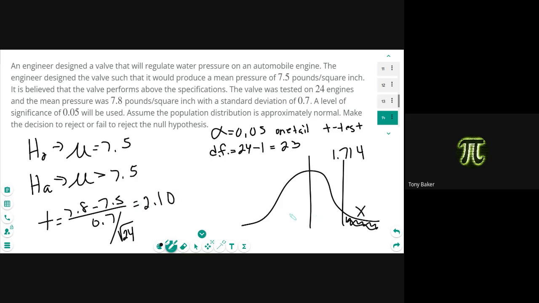So it's over here. It's in the rejection region, so I reject. So that means there is significant evidence that the valve performs above specifications.